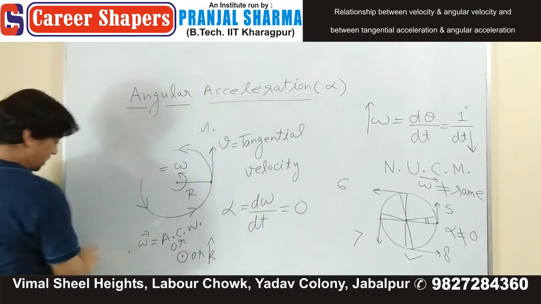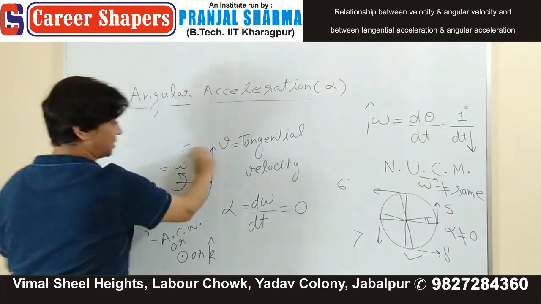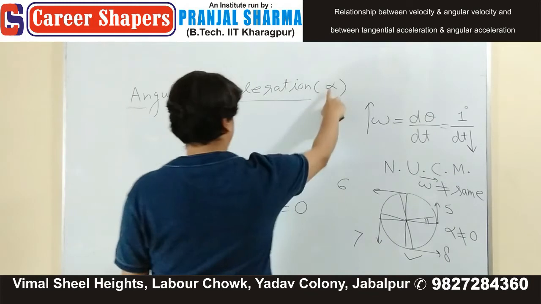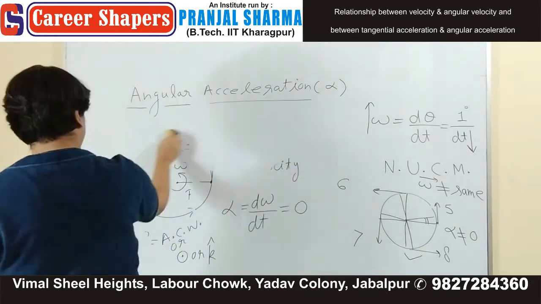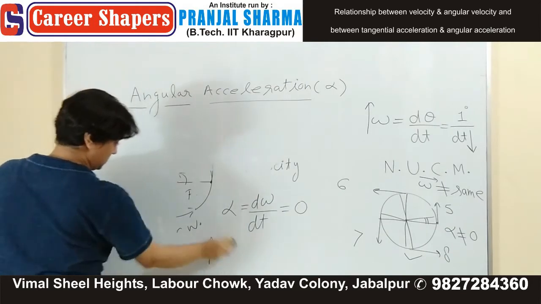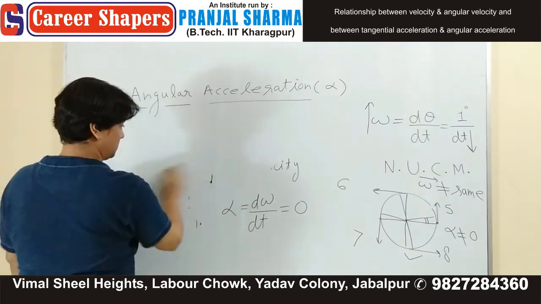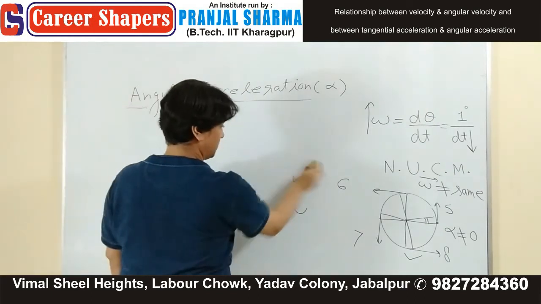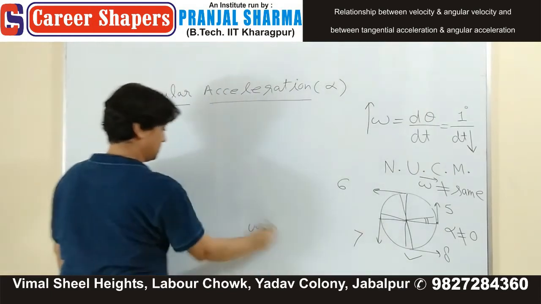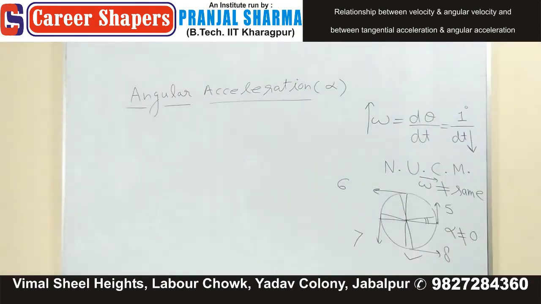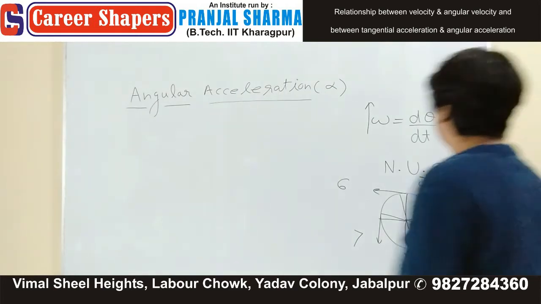By the way, suppose I ask you what is the unit of angular acceleration, who will tell me the unit of angular acceleration? Write down in the comment box the unit of angular acceleration alpha. So what is omega?